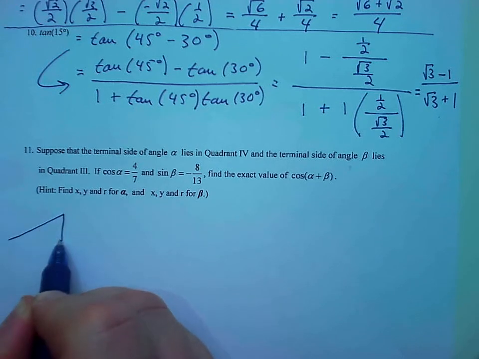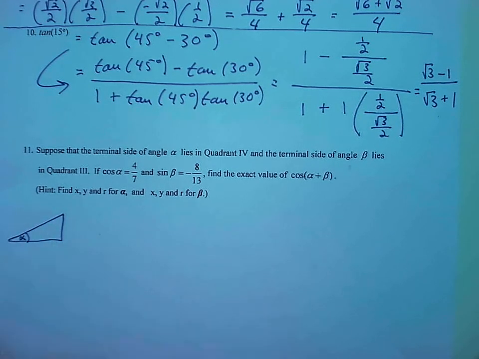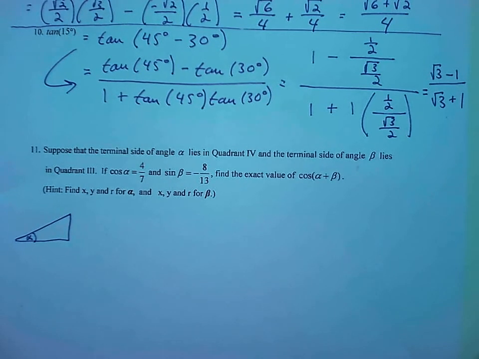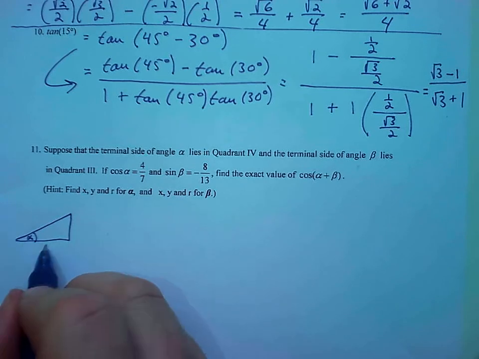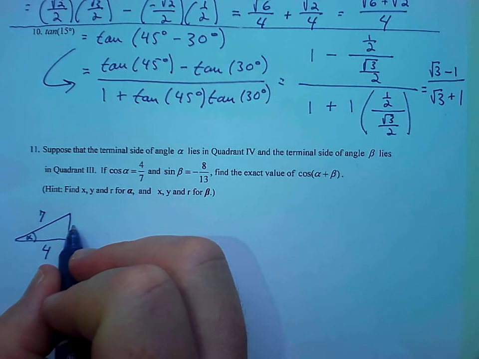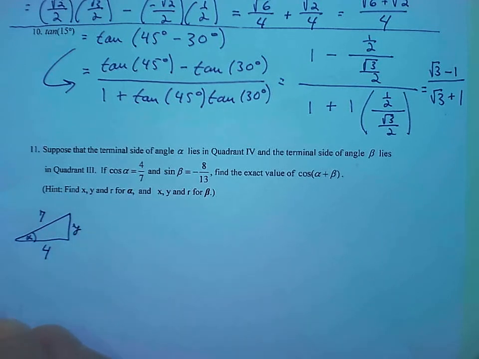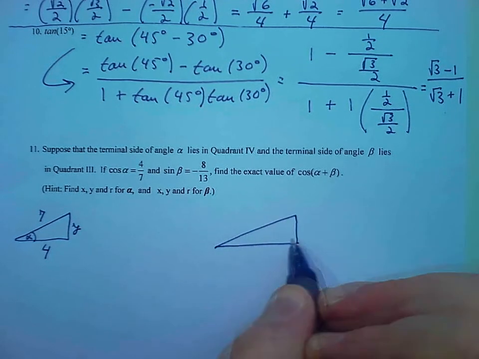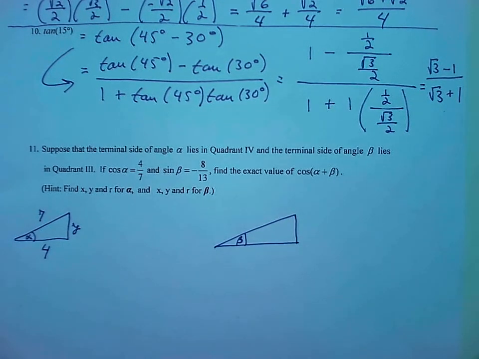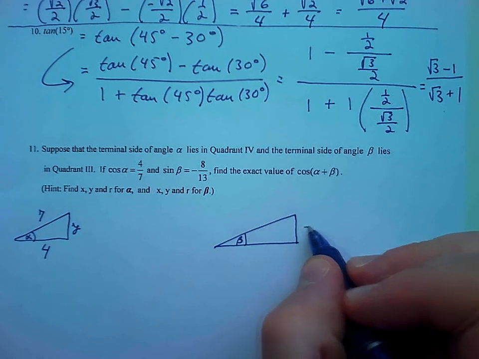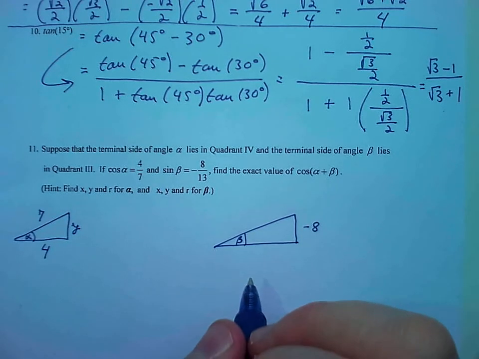If we have alpha right here as our angle, then the cosine of alpha is equal to the adjacent over the hypotenuse. So then we can call this right here y. For beta, call this angle right here beta, then the sine of beta is equal to the opposite over hypotenuse.